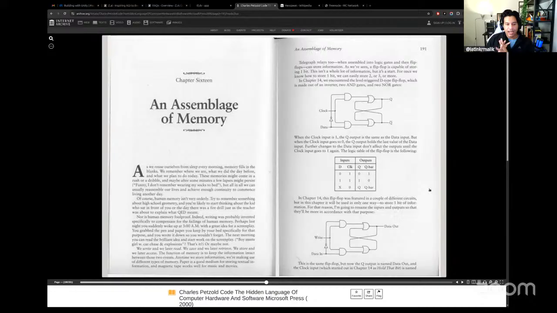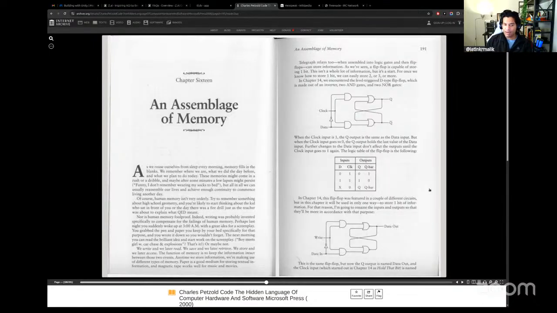We remember where we are, what we did the day before, and what we plan to do. These memories might come in a rush or a dribble, and maybe after some minutes a few lapses might persist. Funny, I don't remember wearing my socks to bed, for example. But all in all, we can usually reassemble our lives and achieve enough continuity to commence living another day.